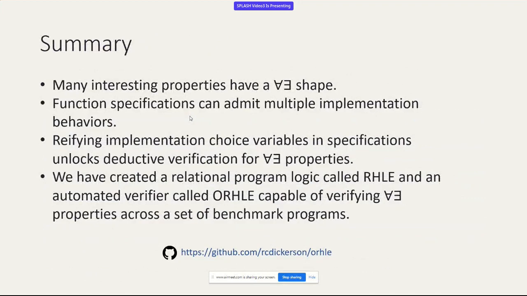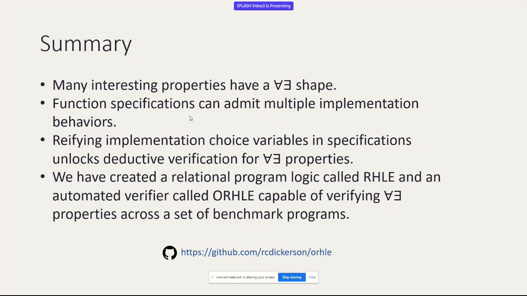Okay, so to summarize, we think there are many interesting properties that you want to verify that have this for all exists shape. We have function specifications, and a lot of these properties we naturally want to reason over functions via their specifications. And this gives us some branching behaviors to consider when we do the verification.